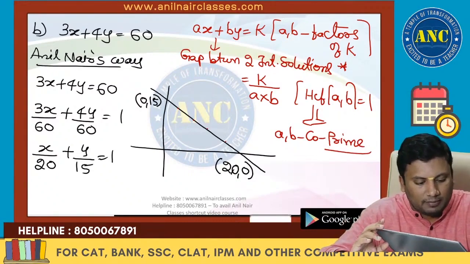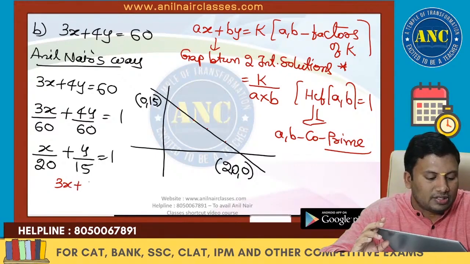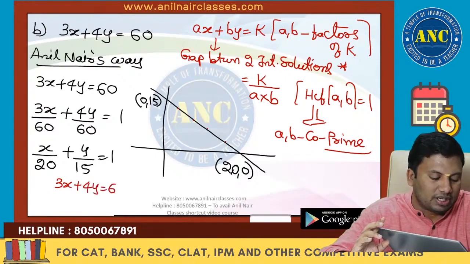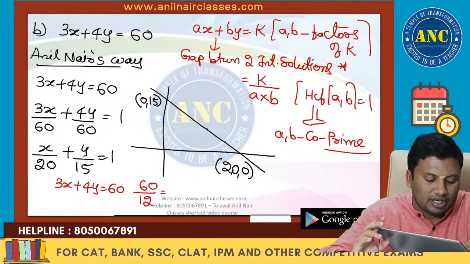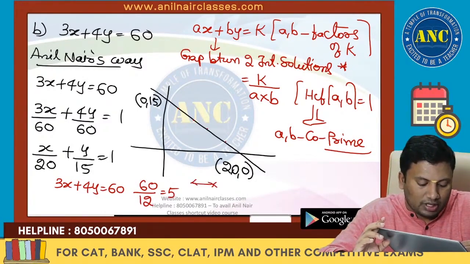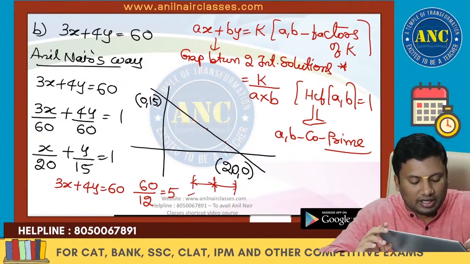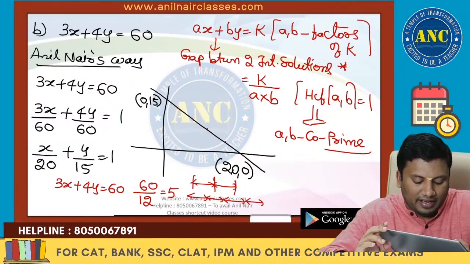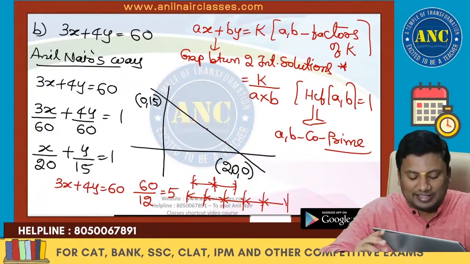The question is 3x plus 4y equals 60. K by a into b: 60 by 12, which is 5. 5 gaps are there. Suppose there are 2 gaps, how many solutions do I get? 3 solutions. Suppose there are 5 gaps: 1, 2, 3, 4, 5, 6. How many solutions are there? 6.